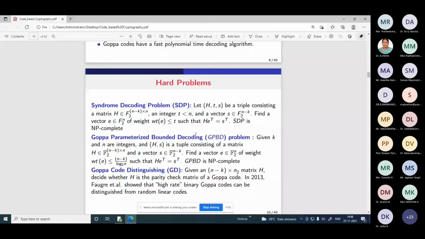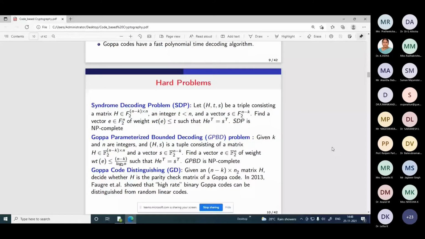When you understand this syndrome decoding problem, this is the hard problem here. All the crypto systems based on coding theory are built on this hard problem, right? Like we have seen in number theory, RSA, Diffie-Hellman, elliptic curve, whatever it is, it is based on either integer factorization or discrete log or elliptic curve discrete log problem, right?